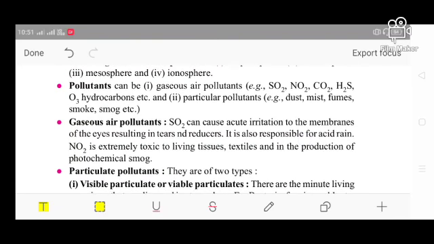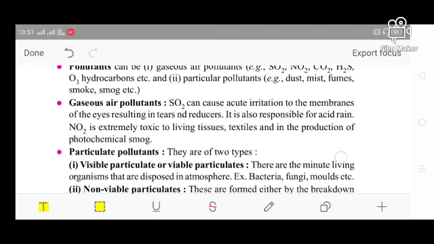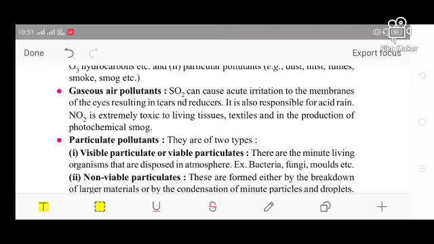The gaseous air pollutants may be sulfur dioxide, nitrogen dioxide, carbon dioxide, hydrogen sulfide, ozone, hydrocarbons, etc. Whereas particulate pollutants are particles like dust, mist, fumes, smoke, etc. So these are the general division of pollutants.